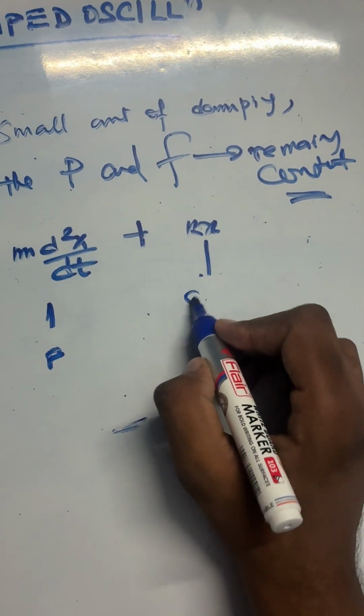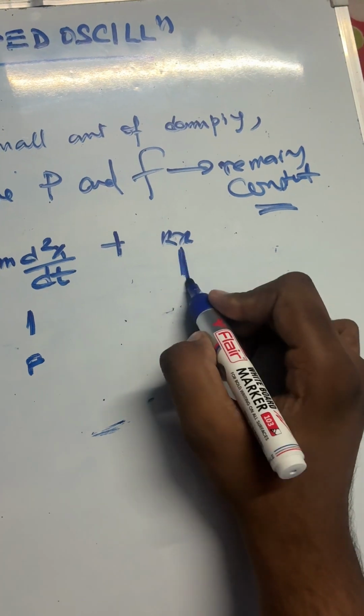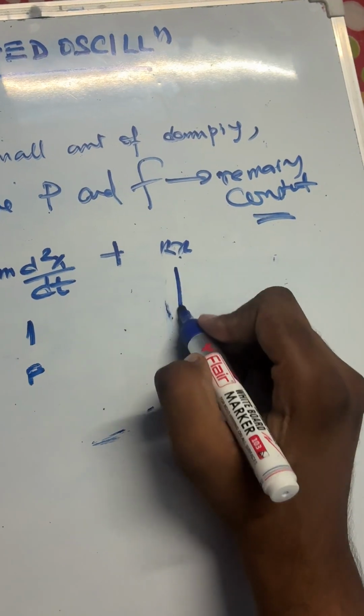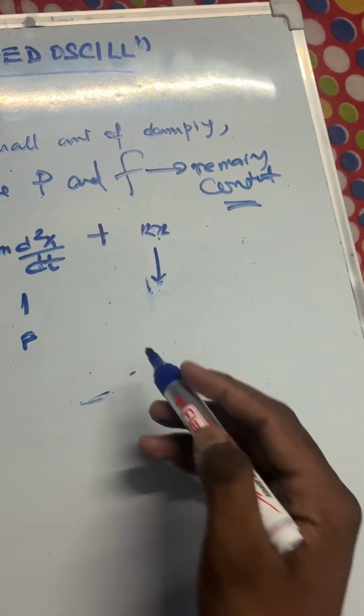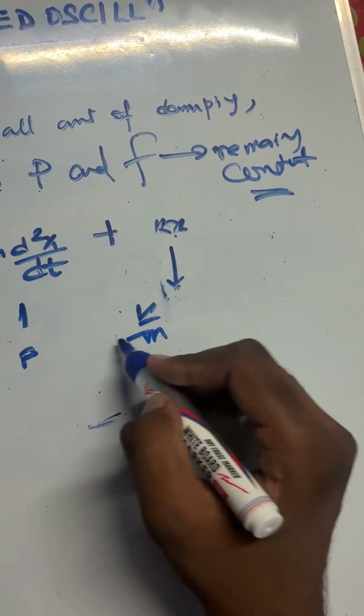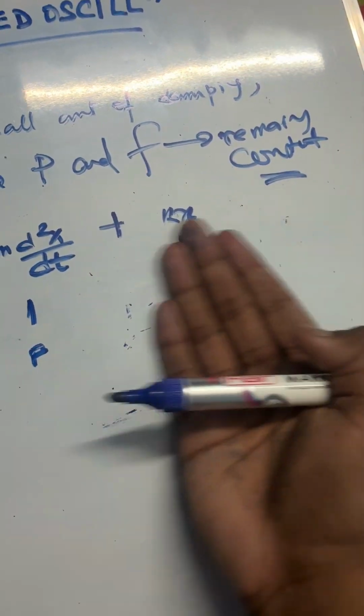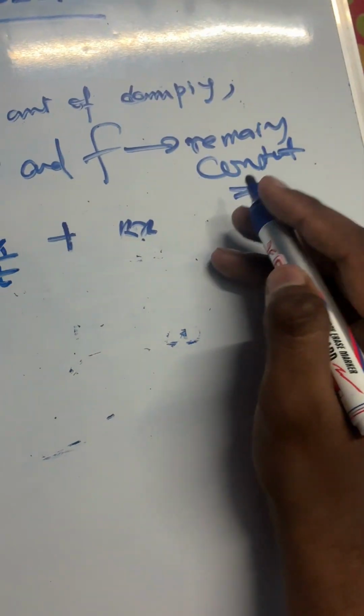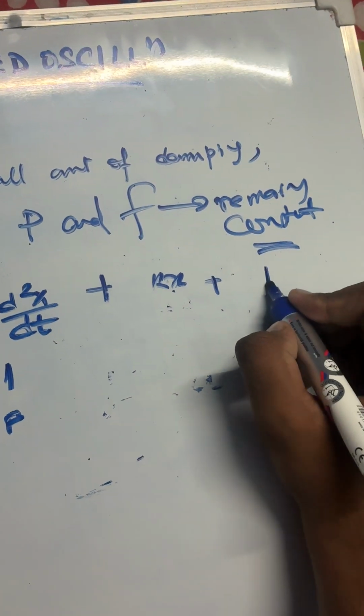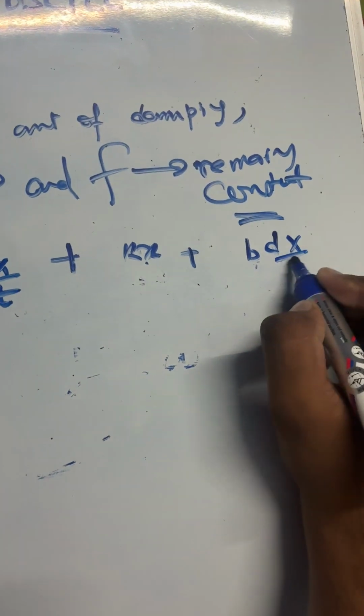Root under k by m is the omega value, the angular frequency, plus b dx by dt.